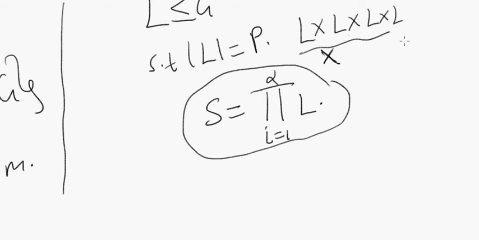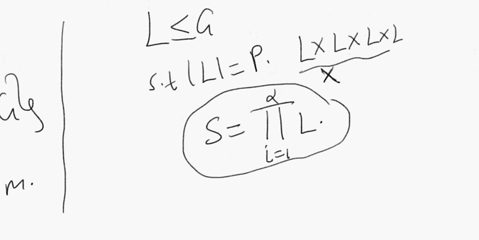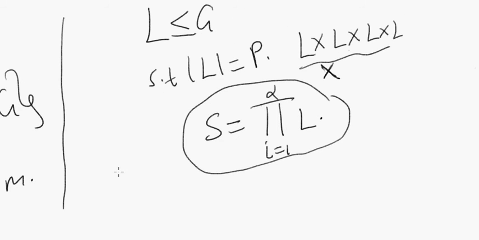If you buy this idea that S is actually a group, it still begs the question, how do we know that there is some subgroup K of G such that K is isomorphic to this set S?